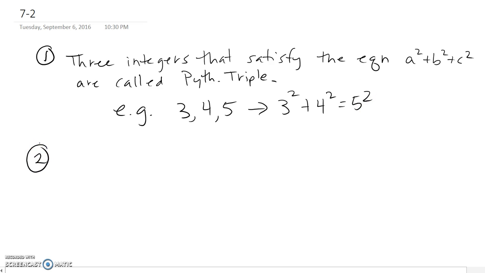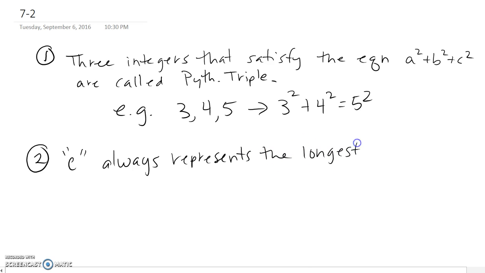Number 2, what does C mean in the Pythagorean theorem? Well, C always represents the longest side of a triangle.